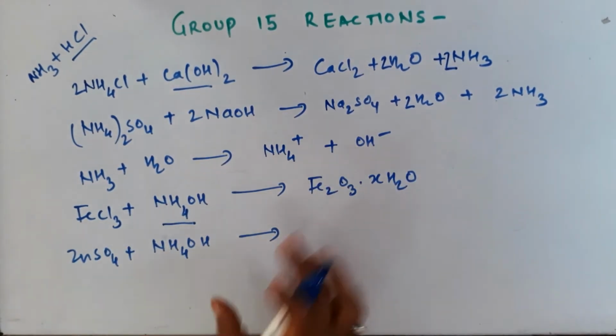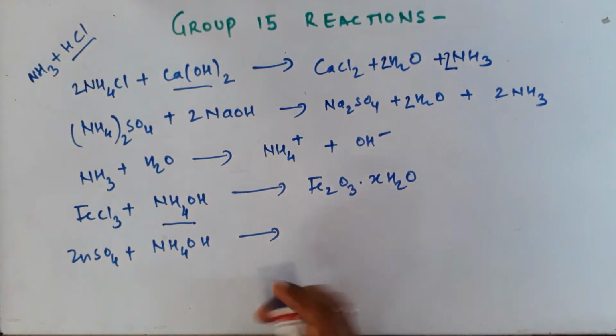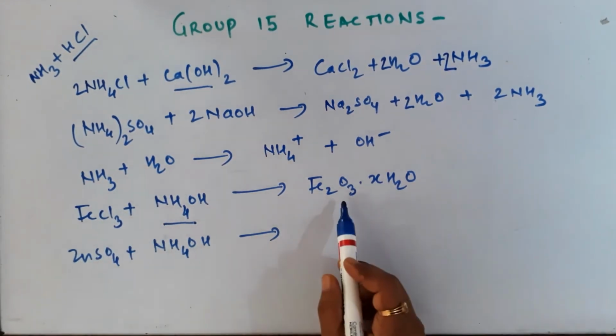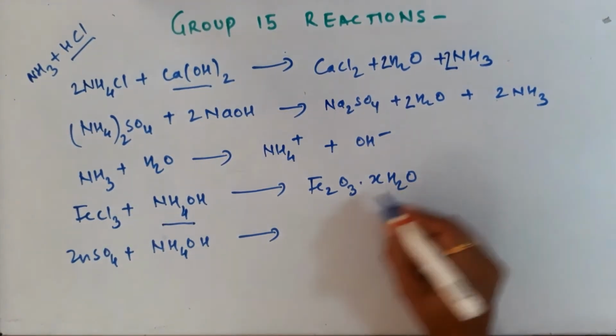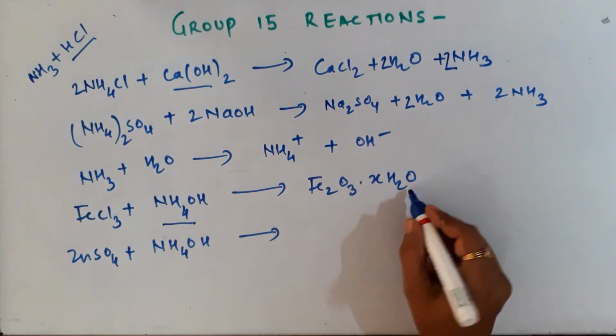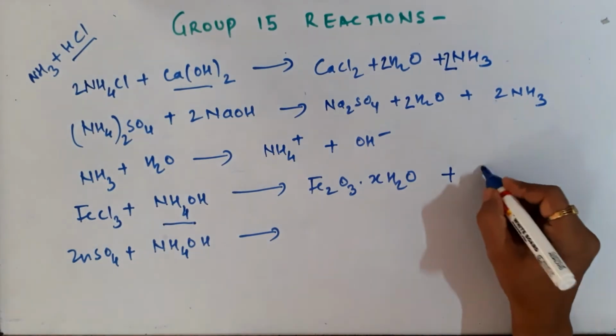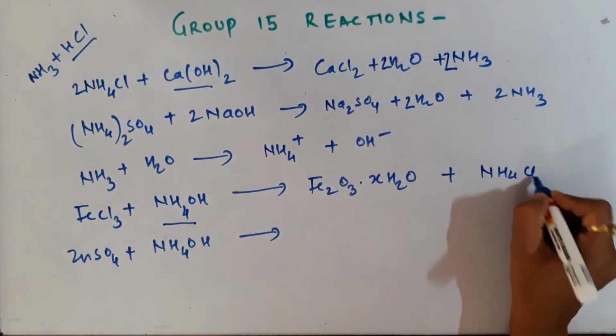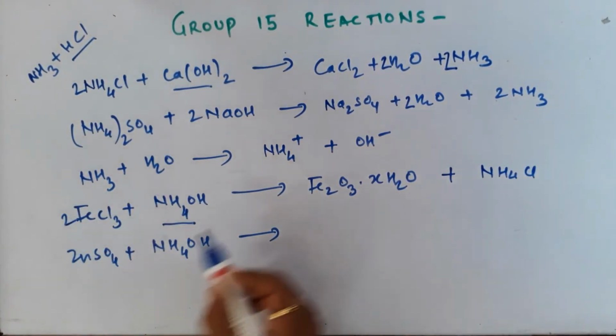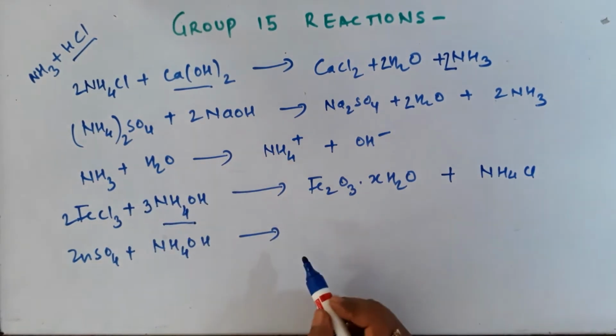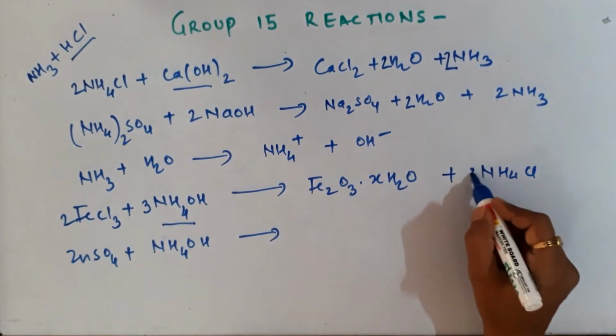So this is related with your practicals, so it is easy to remember again. We will get a reddish brown precipitate of ferric hydroxide or hydrated ferric oxide plus now ammonium chloride. You can balance it also on your own by trial and error method, as I have told you.